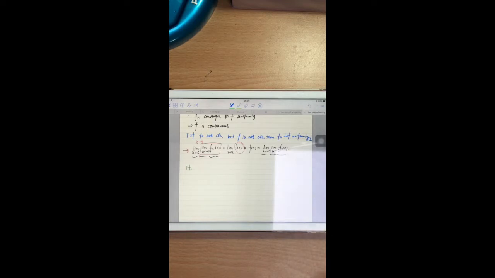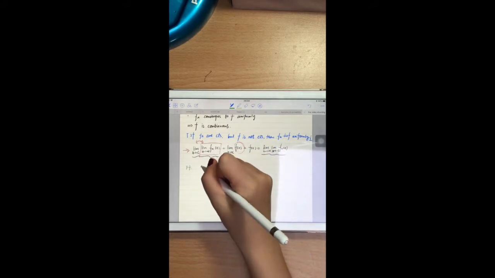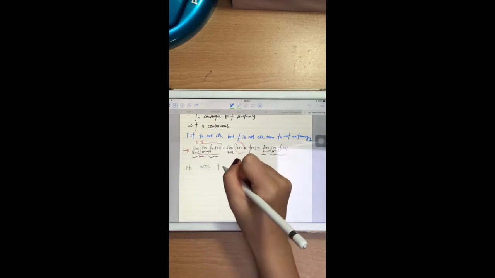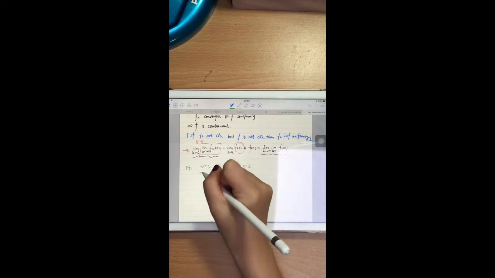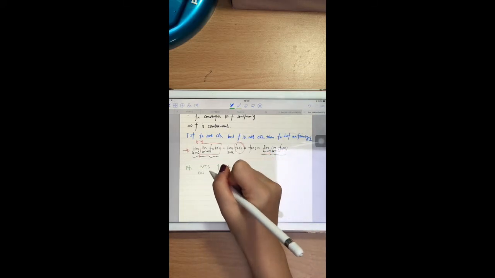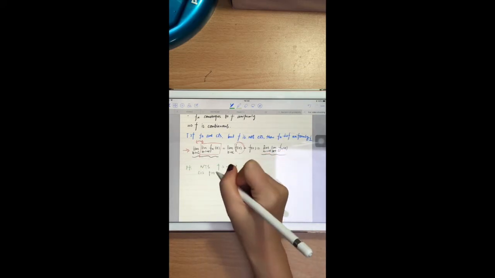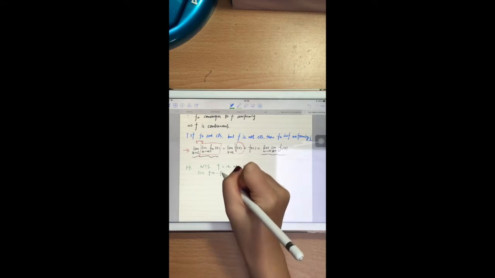To show f is continuous at some point, say at point c, we want to show f is continuous at x equals c.